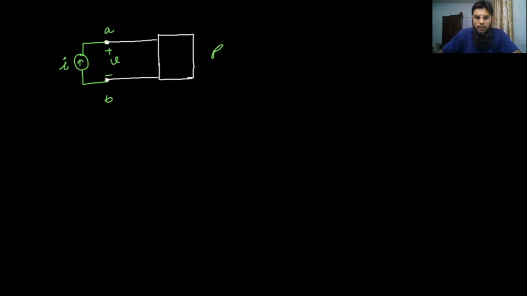So R equivalent will be equal to V by I, because in this resistance box there is no independent source or any source. So the passive network here contains only resistances, and the equivalent resistance can be found out through this method. Another way is to connect a voltage source.